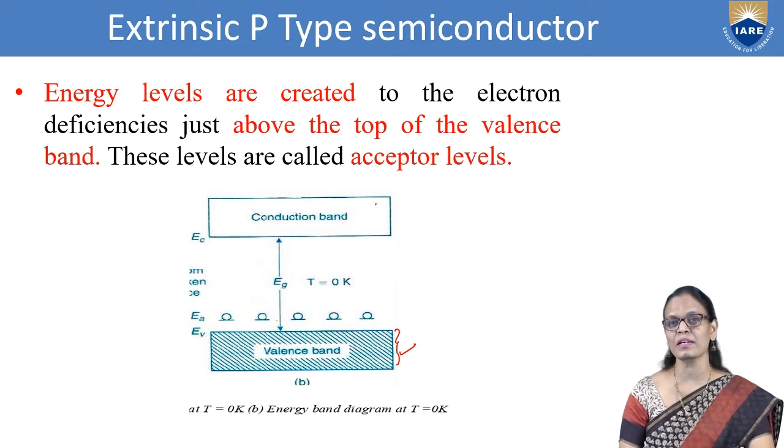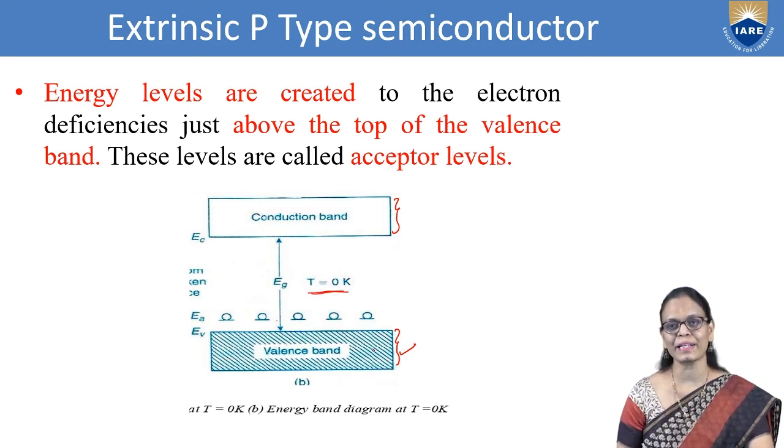And whatever we see here in the conduction band, these are the range of energies possessed by conduction electrons or free electrons. Now, at T equal to 0 Kelvin, the valence band is completely full and the conduction band is empty.